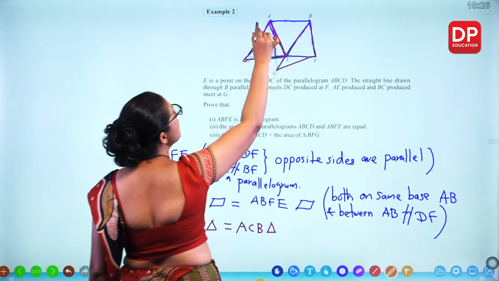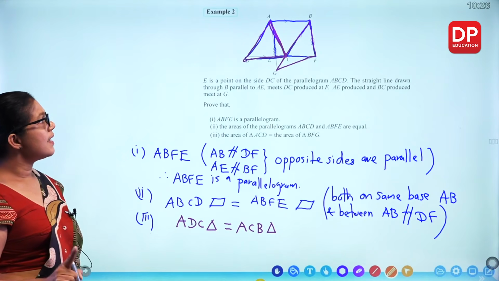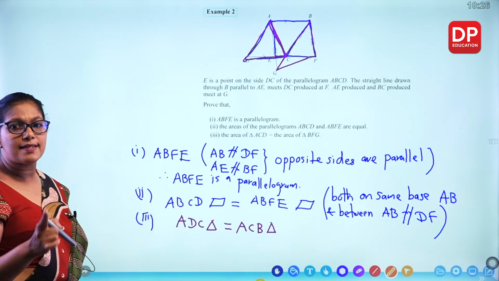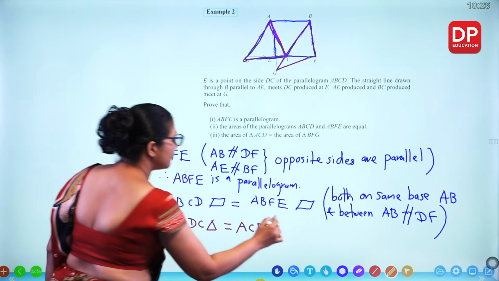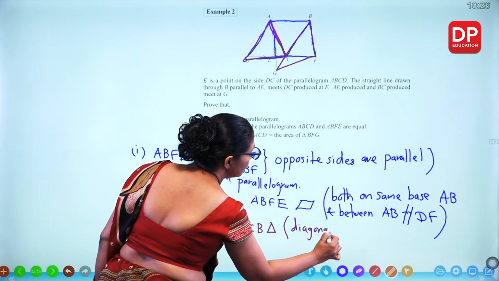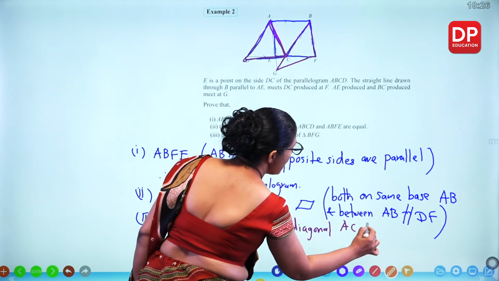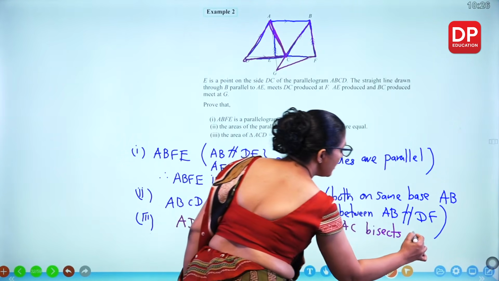These two are equal. Why? AC is the diagonal and the diagonal bisects the parallelogram equally. Diagonal AC bisects equally.